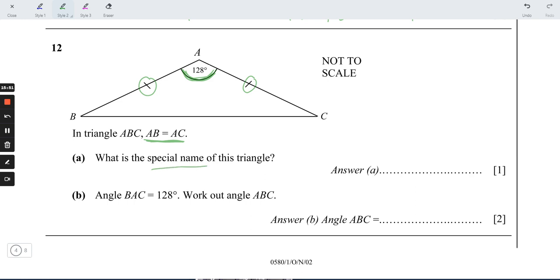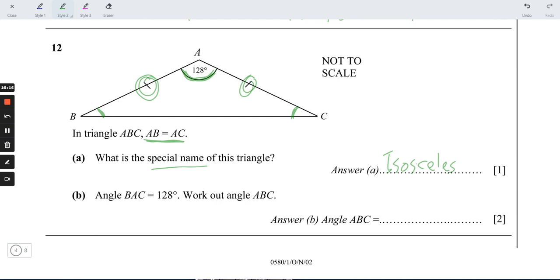What is the special name of this triangle? We have an isosceles triangle. That means we have two equal sides here, and we also have two equal angles. Those are the facts about isosceles triangles.